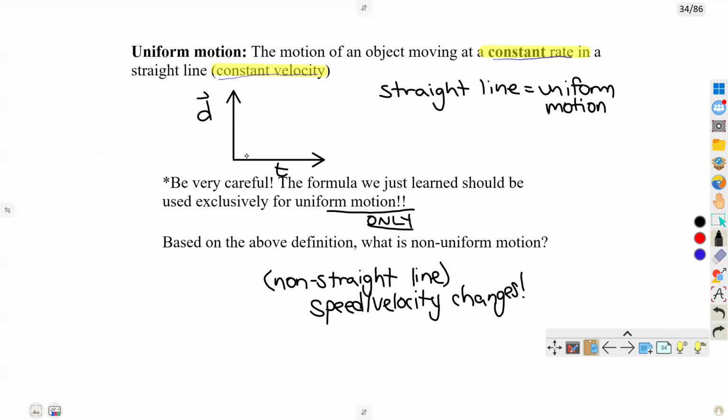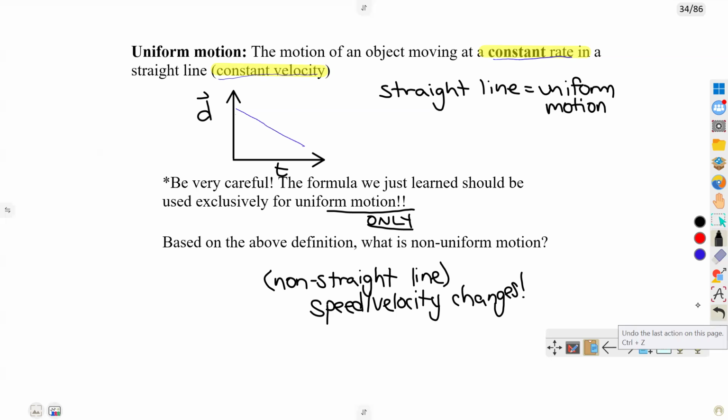However, if we started at the reference point and did a straight line up, that would be uniform motion in a positive direction. And if we start away from the reference point and move our way down in a straight line, that would be a negative velocity, or moving towards the reference point, but it's also going to be done in uniform motion in a constant state.